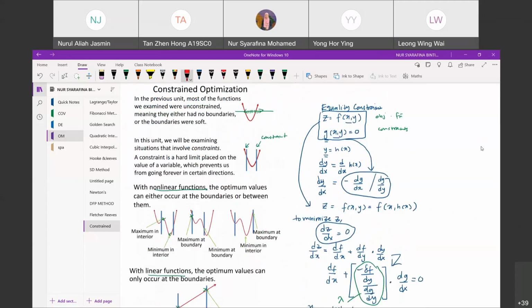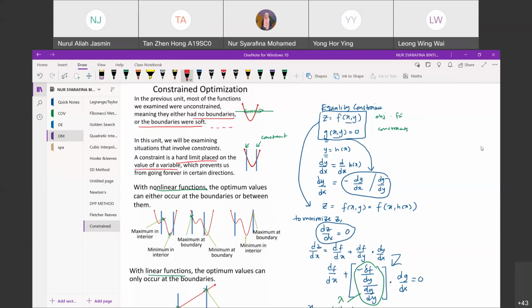So now all of you know the difference between constrained and unconstrained. For constrained, there is a limitation on its boundaries. For unconstrained, it has no boundaries. But in constrained optimization, we have a limit placed on the value. So we have a limit on the curve of the objective function, which prevents us from going forever in certain directions.